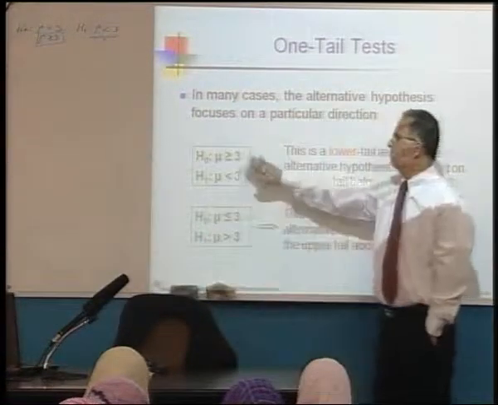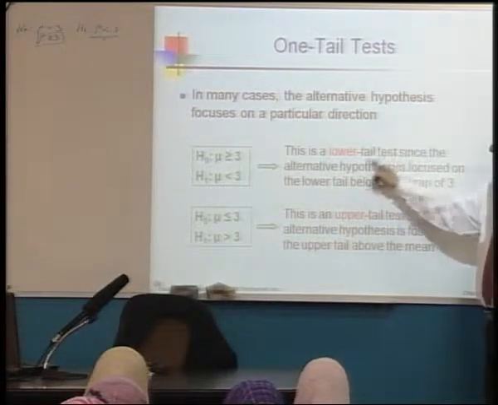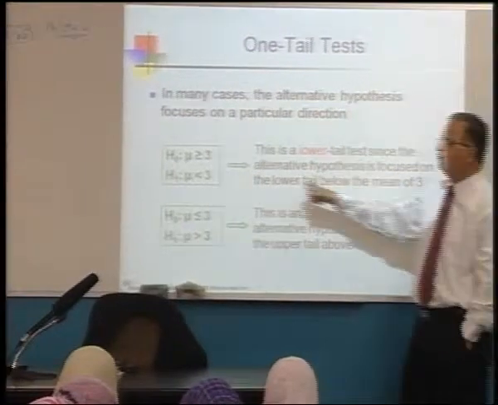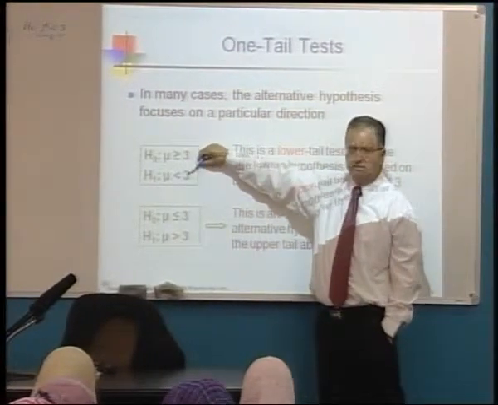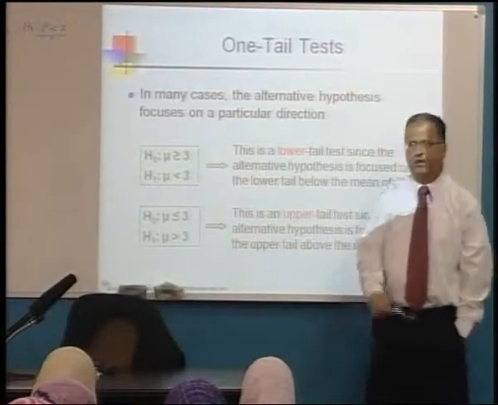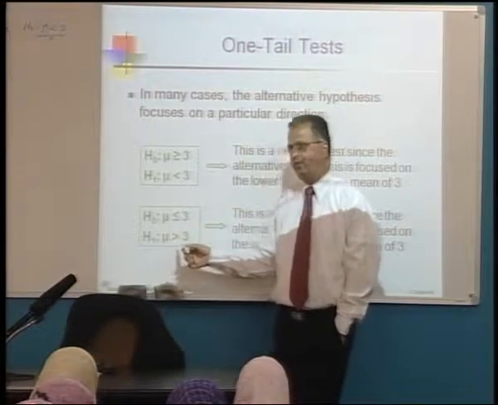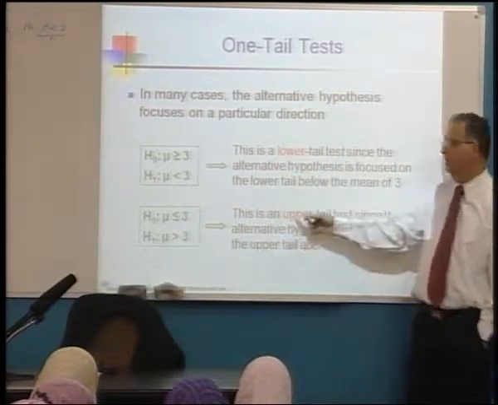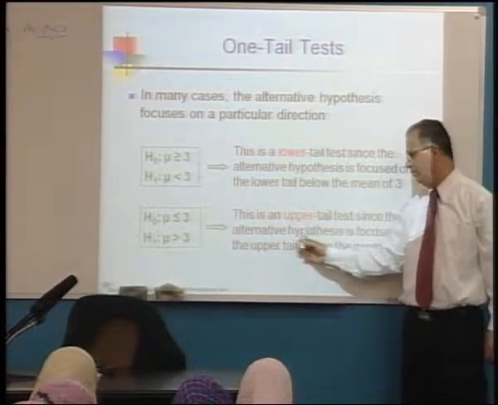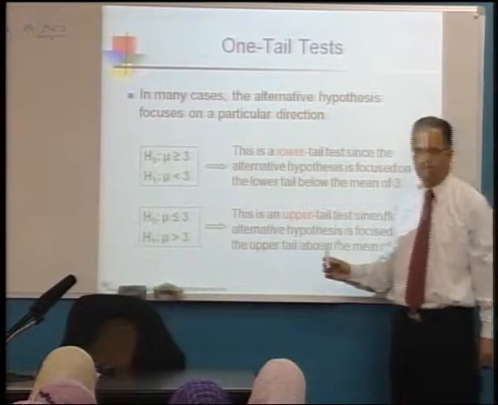So again, this is called a lower tail test, since the alternative hypothesis is focused on the lower tail below the mean of 3. This is just an example. The other one, when we are testing mu smaller than or equal to 3 against mu above 3, is called an upper tail test, since the alternative hypothesis is focused on the upper tail above the mean of 3.